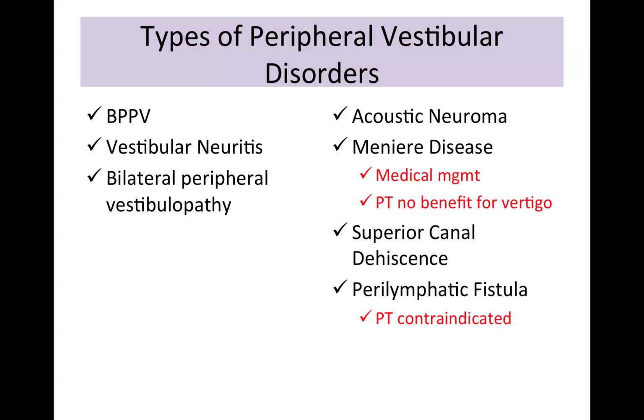This is a rupture in the oval or round window between the middle and the inner ear. There's leakage of the perilymph fistula. Usually this is triggered by some type of trauma or pressure. Scuba diving is a common cause of this. And again, PT is contraindicated.